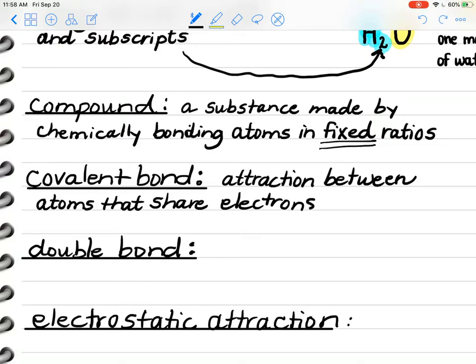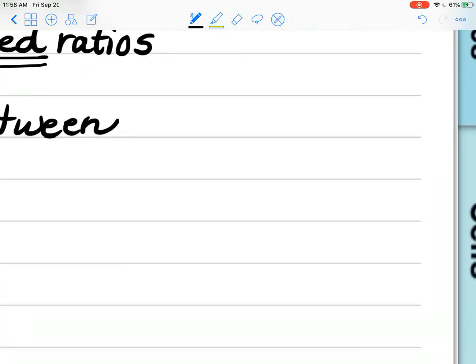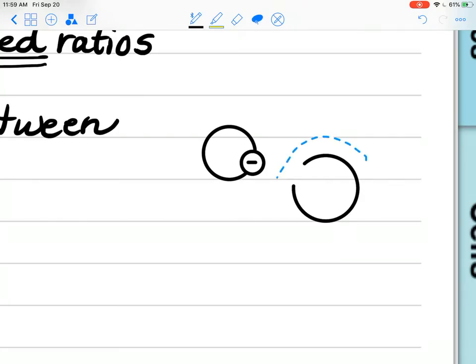Let's say that we have two atoms, this one and this one. I'm not even going to name them. We don't need to worry about that. Let me just keep it as simple as I can. Let's say that this guy has an electron and this guy needs an electron.